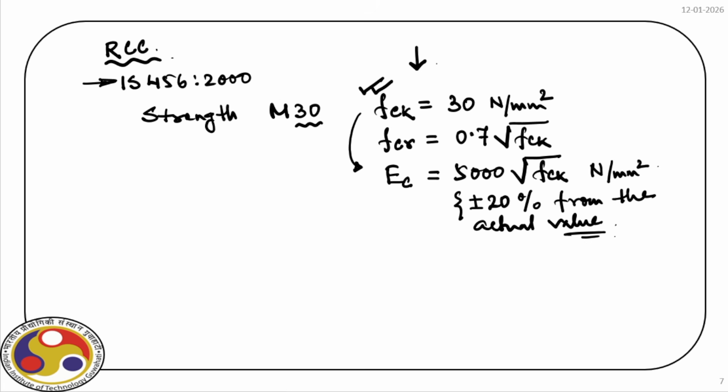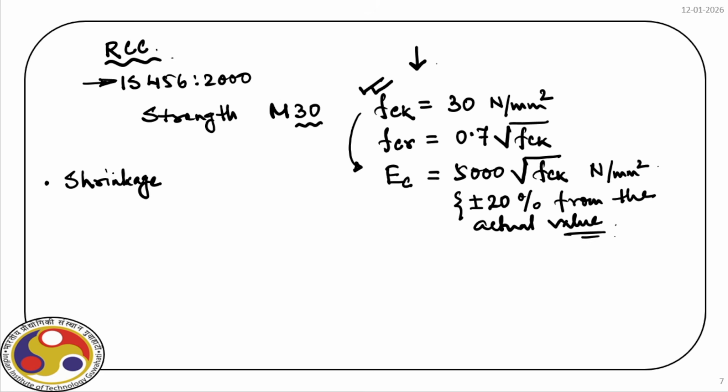Now beyond that, there are two main properties of concrete that we also need to incorporate in our design. As we go through the details of design, you'll see we'll come back to these properties. What are they? The first one is shrinkage of concrete. So what is shrinkage of concrete?